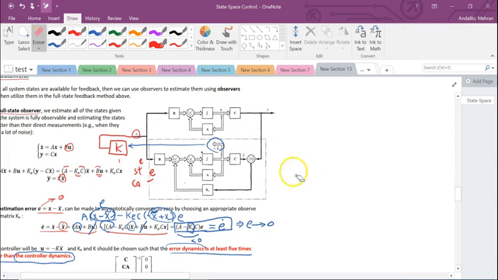In the system, I have B times U and A times X added, and that is equal to x dot. You integrate x dot, you get x, multiply C by x, you get y. So that is your physical system on the top.